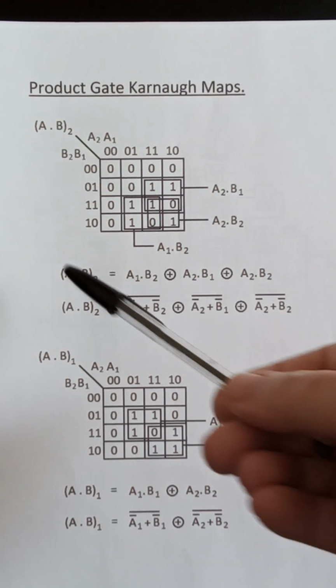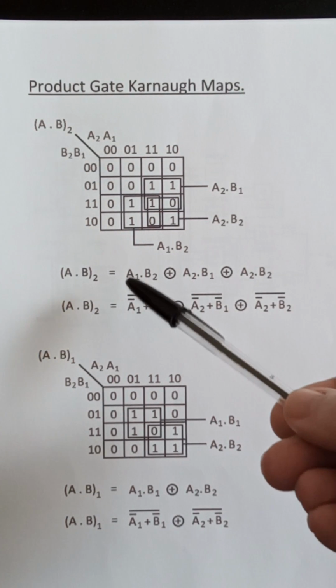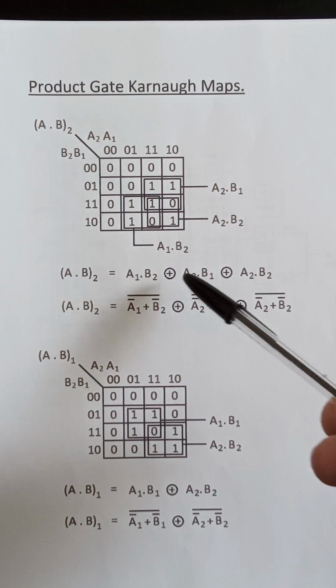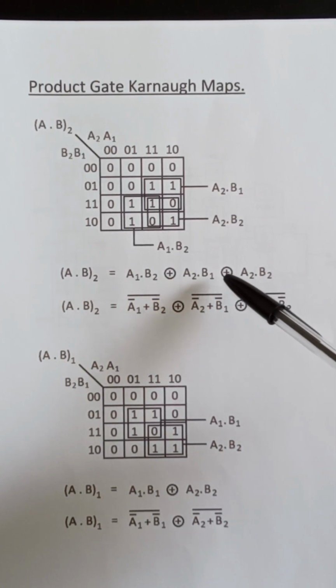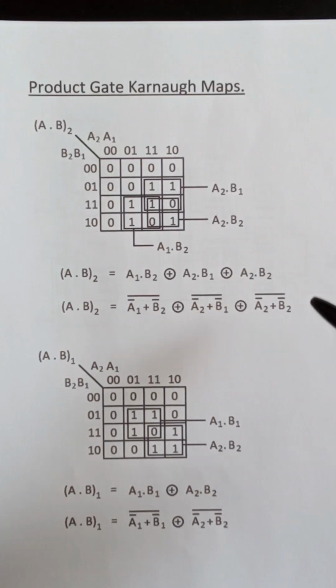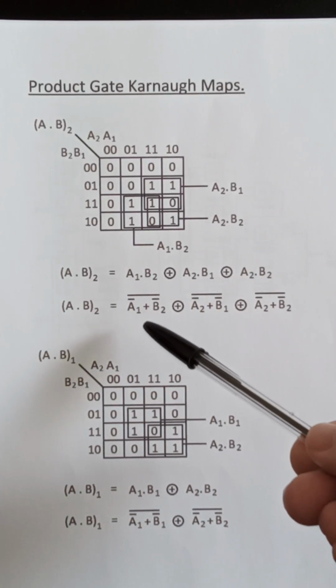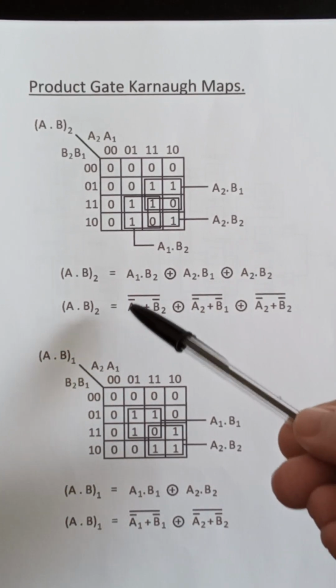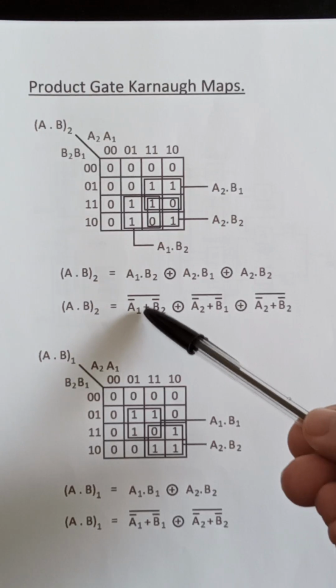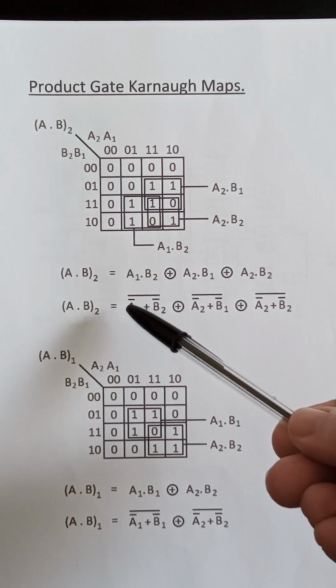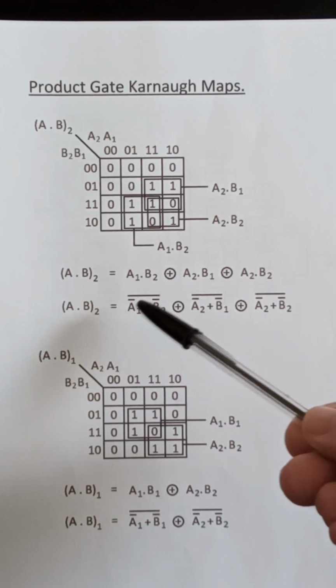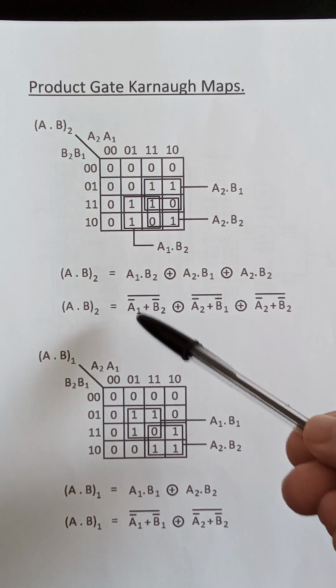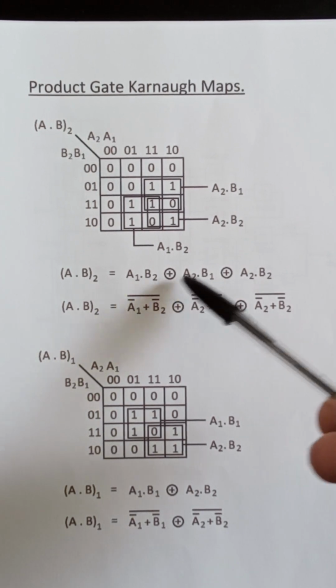So we have A times B2 is A1 and B2, exclusive OR A2 and B1, exclusive OR A2 and B2. Now I'm using De Morgan's theorem here to convert these ANDs into a NOR. It just means I can invert the inputs and use 1 Schmitt trigger per gate instead of 2.